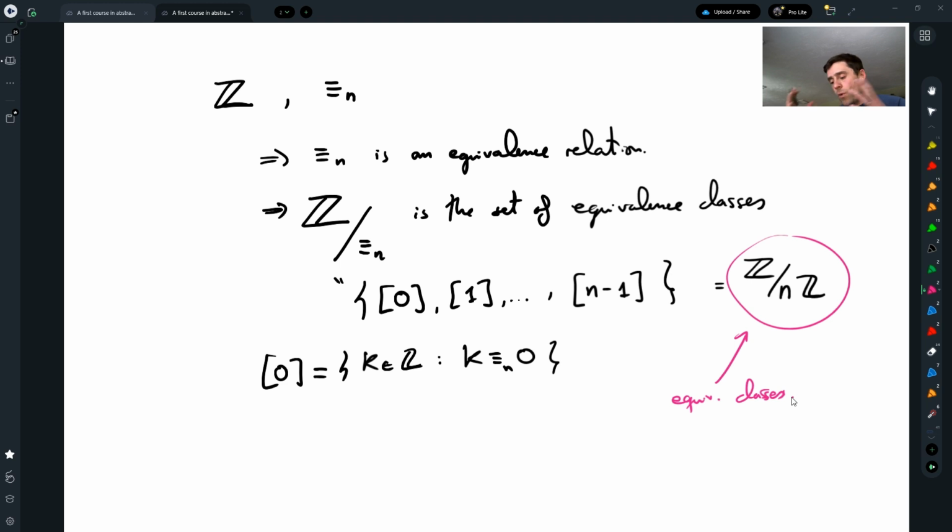So this is another way of constructing Z modulo nZ using the theory of equivalence relations. Okay, so I'll stop here for now, and in the next video, we'll start with groups. So we'll start with group theory in earnest.